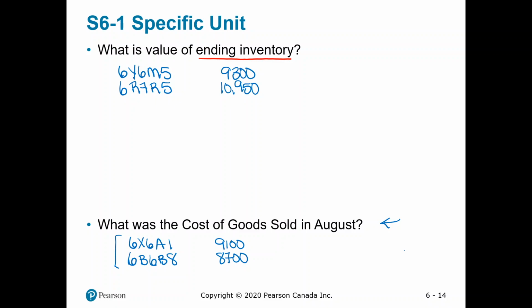No, right. It told us in the question that we also purchased another unit, and it didn't say anything about us selling that, so we clearly still have the unit with the serial number 6A7M6. We purchased that for $11,200.